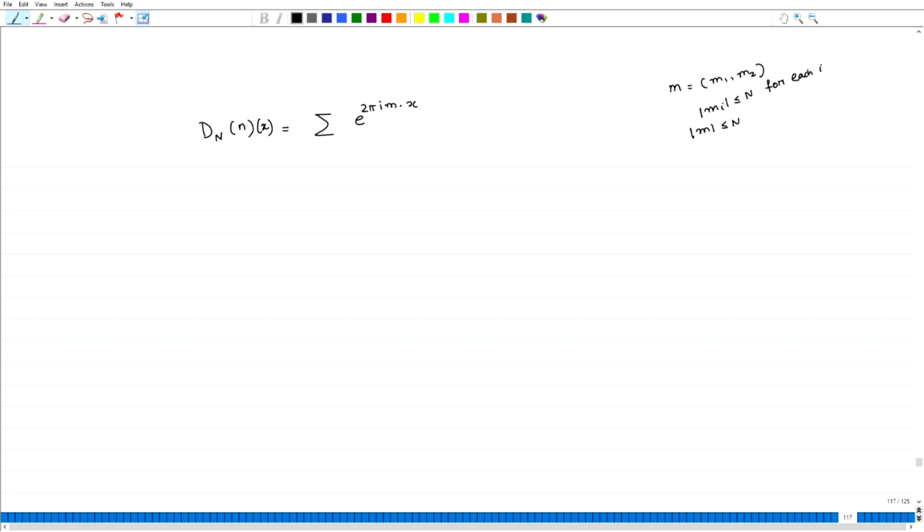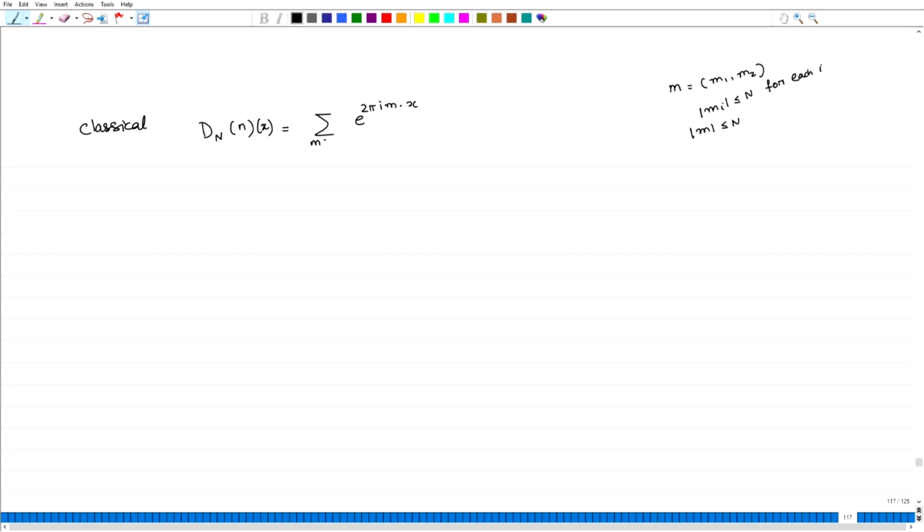In dimension 1 both these sums agree, but in higher dimension they are definitely going to be different. So, what we will call this is the classical Dirichlet kernel.